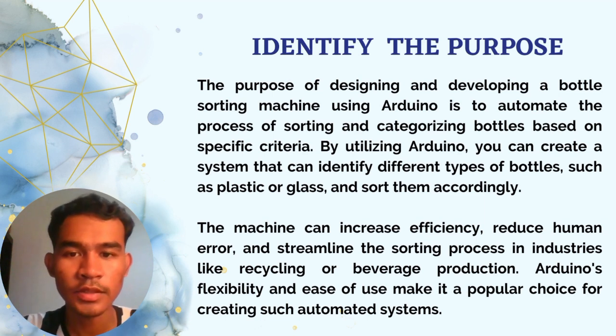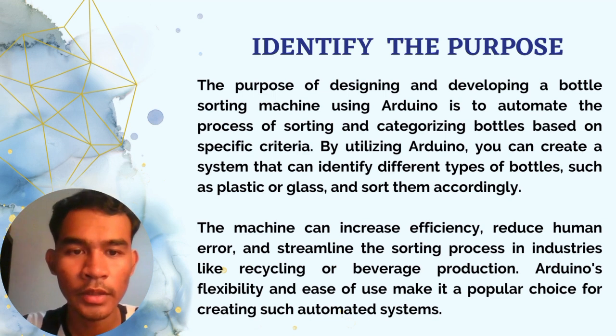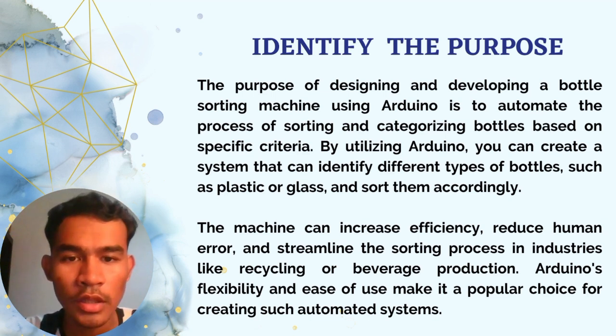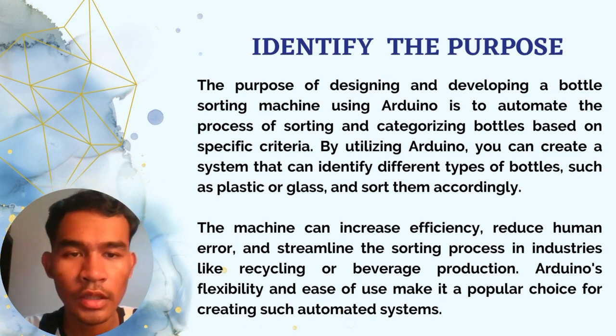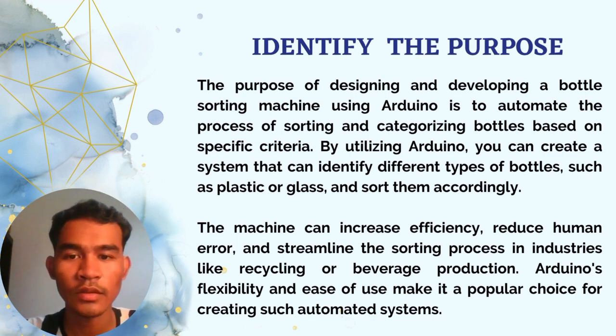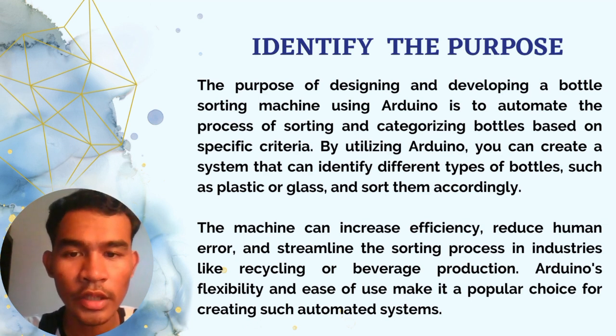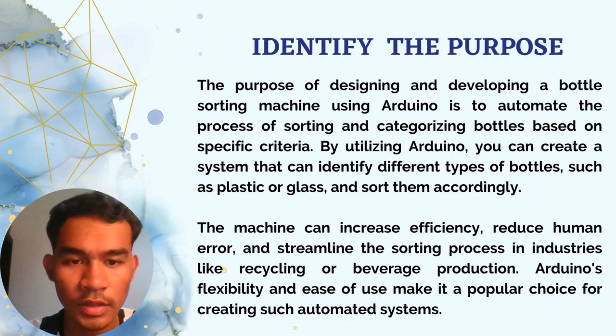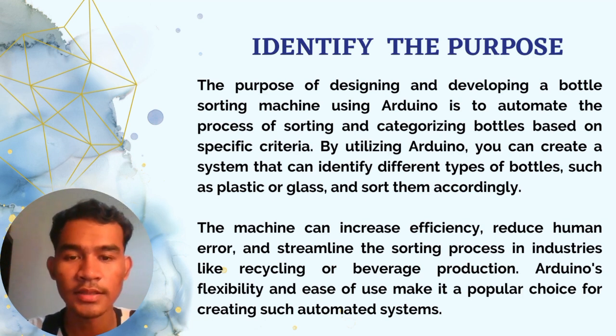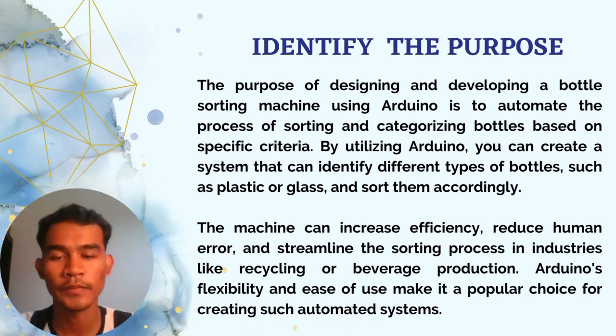So, the purpose of designing and developing a bottle sorting machine using Arduino is to automate the process of sorting and categorizing bottles based on specific criteria. By utilizing Arduino, you can create a system that can identify different types of bottles, such as plastic or glass, and sort them accordingly.